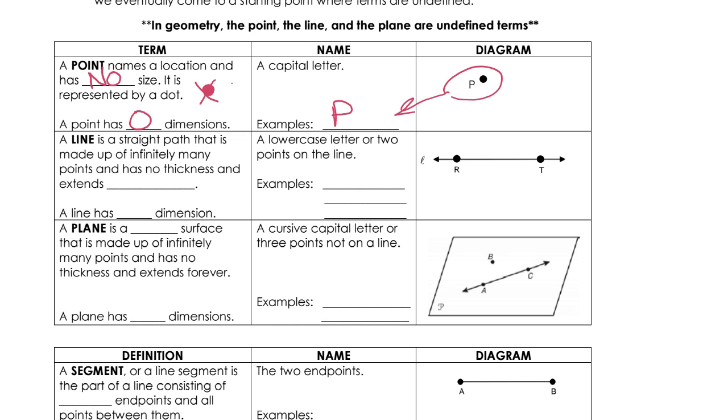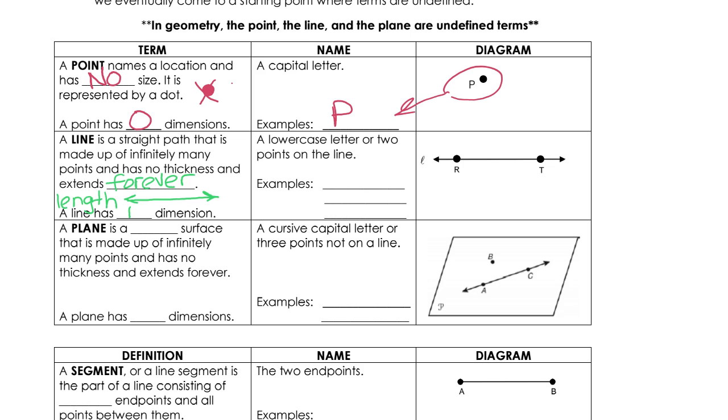A line is a straight path that is made up of infinitely many points and has no thickness and extends forever. And that's why in algebra, your teacher used to let you know that lines should always have arrows on the end. A line is one-dimensional. It has length.